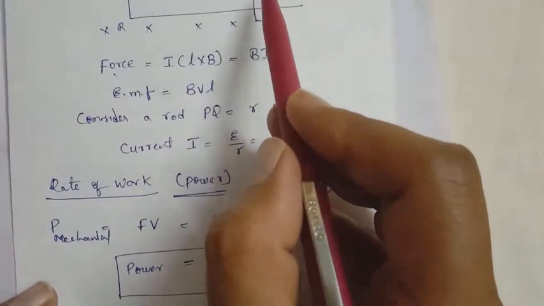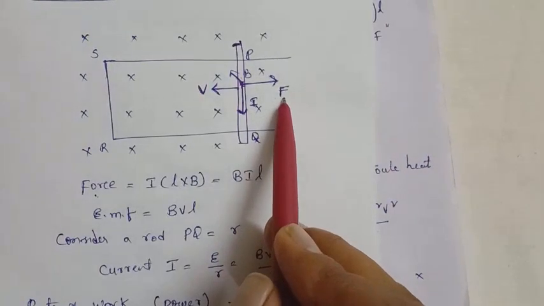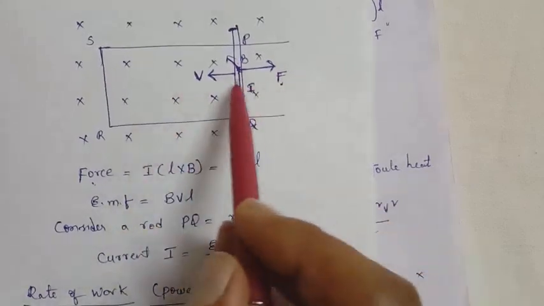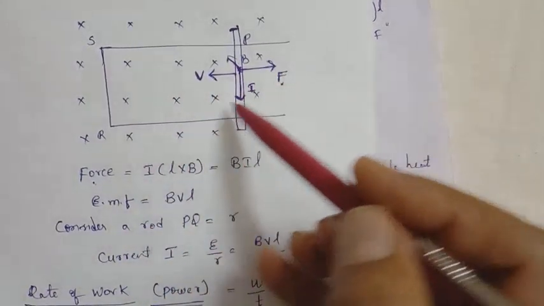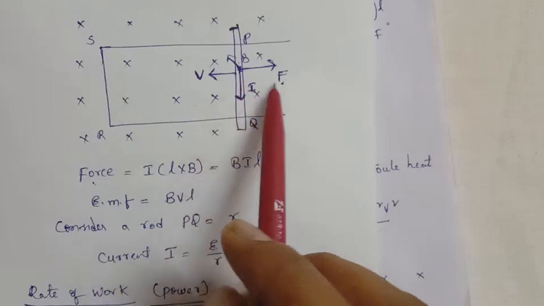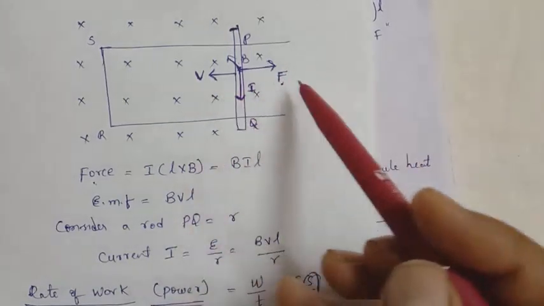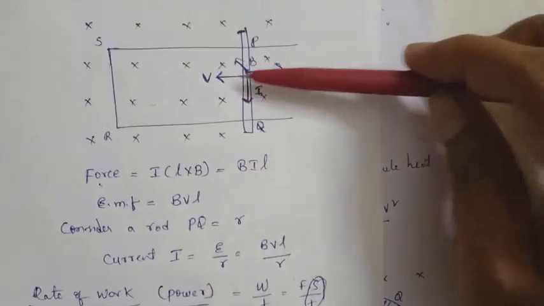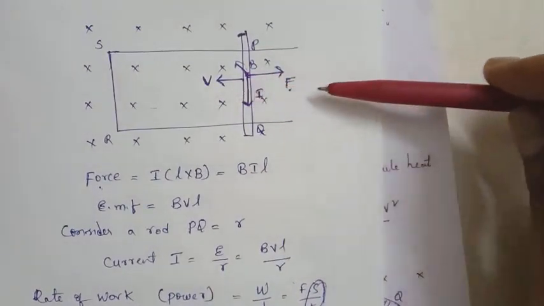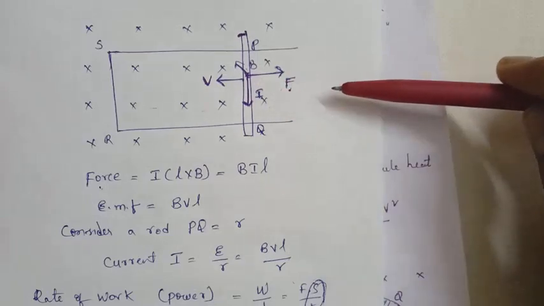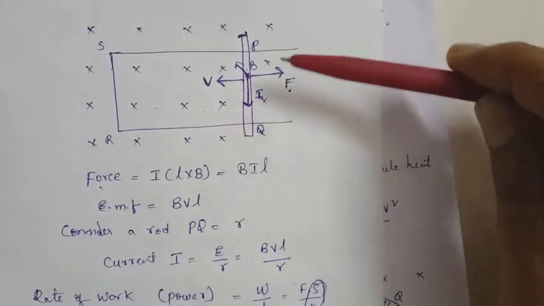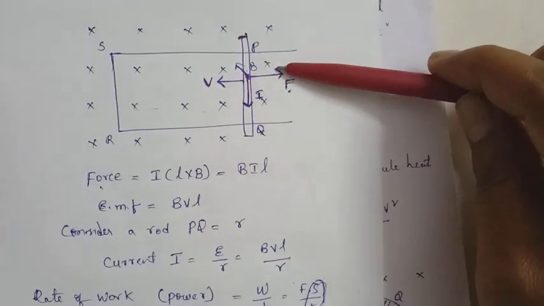So you are doing work against this force. You are applying a force along the left side, but the opposing force is along the right side. So what force do you have to apply against this force, and what work are you doing?